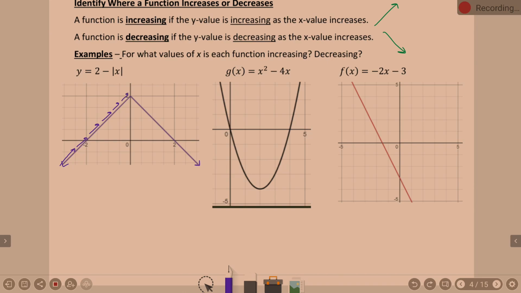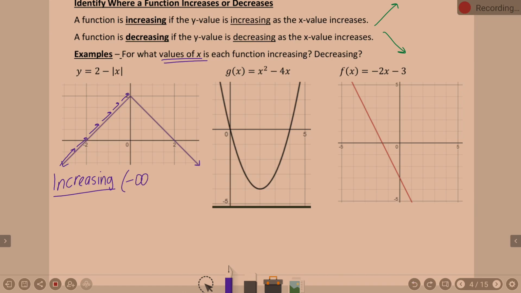That is increasing. Good. Now, when you give your increasing answer, notice it says for what values of x. So, when did my graph start increasing? Way off to the left, yes? What do we express left as? Negative infinity? So we start increasing at negative infinity.